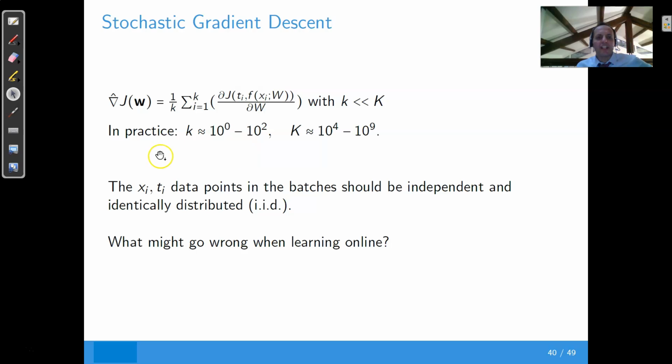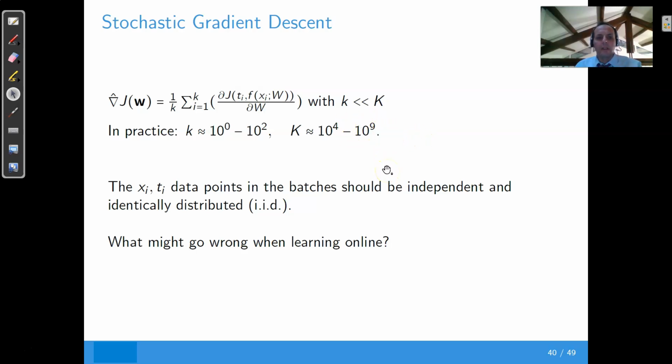As is written here, the computation of a stochastic gradient descent can be of the order of several hundreds of data, in contrast to the value of normally 10^4, so several thousand against several millions.